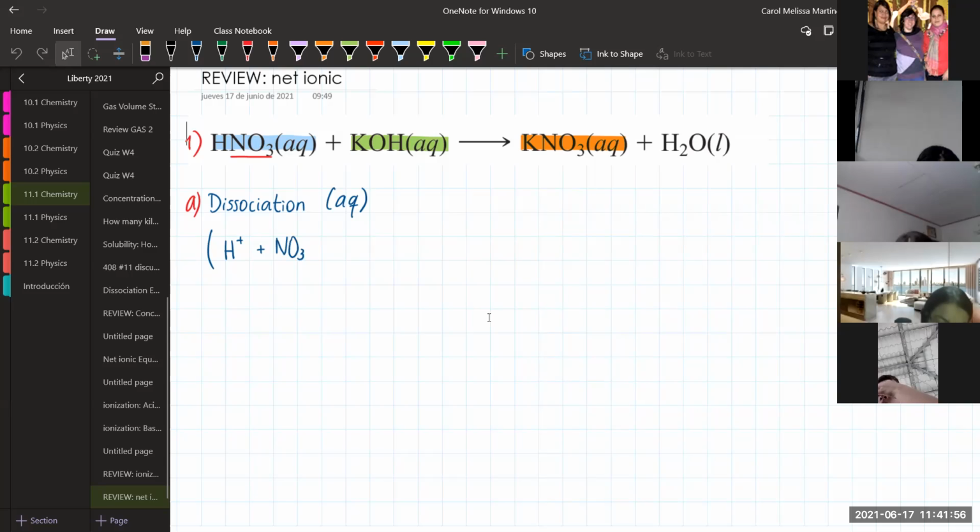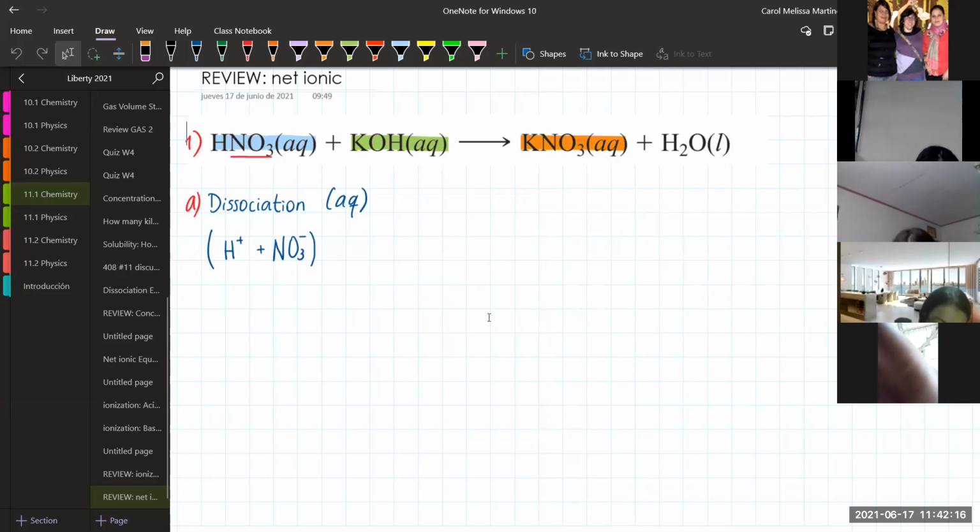NO3 is nitrate, and nitrate has a charge that is -1. You have to write not just the ion but also the charges, okay? Ions without charges are not ions. So we finish with the first compound.